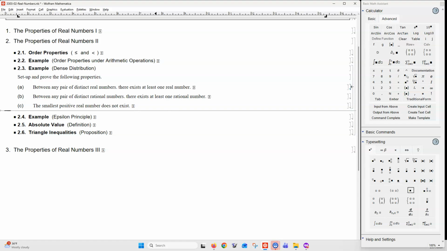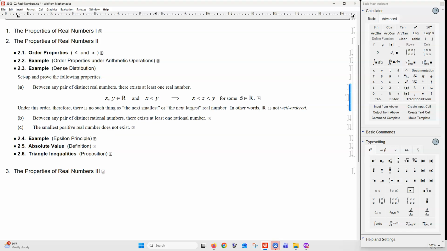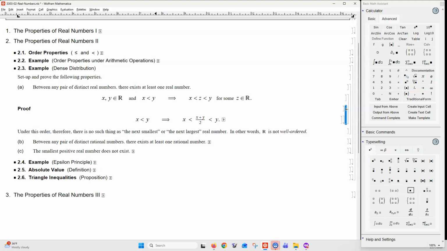Got it? Did everybody get it? Well, without loss of generality, we can assume one is greater than the other. Otherwise, we can just rename it. If x is greater, then rename x and y so that y is greater. And then we can find an appropriate c by selecting the midpoint, the average, x plus y over 2.